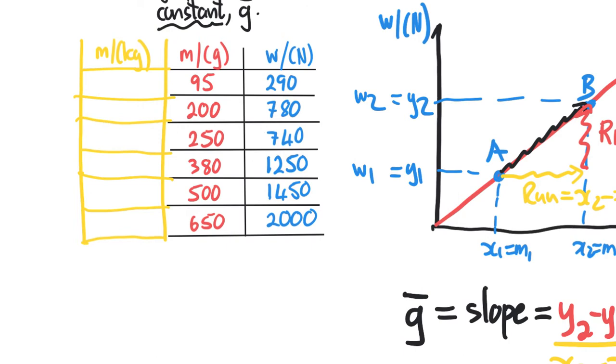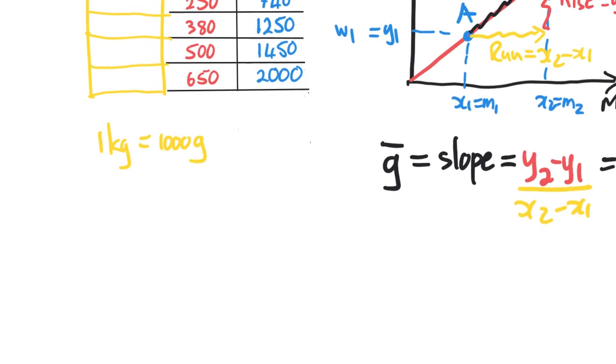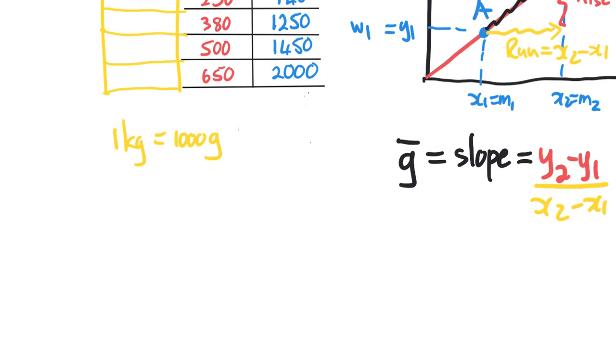Now, 1 kilogram is 1,000 grams. The word kilo means 1,000. So if we divide both sides by 1,000, then we get that 1,000th of a kilogram equals 1 gram.